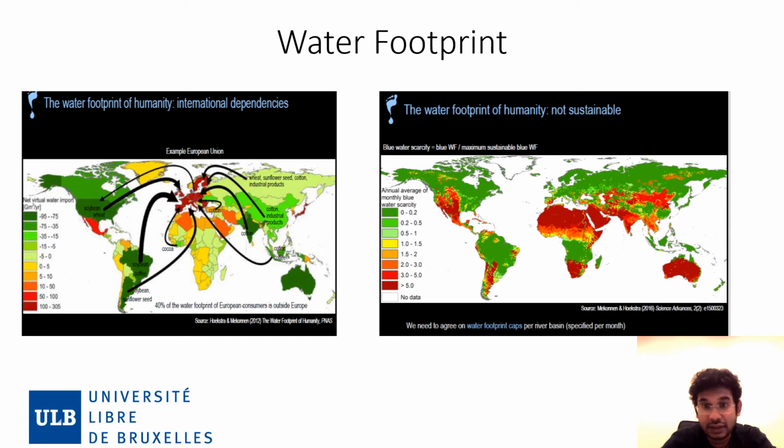That is reflected in the graph on the right-hand side. The way scarcity is calculated is the ratio between the water footprint, here it is blue water but it could be any water, and the maximum available water. That is the actual measure of scarcity of that particular water. Once we understand that acute scarcity exists, we can also plan mitigation strategies such as putting water footprint caps, etc.